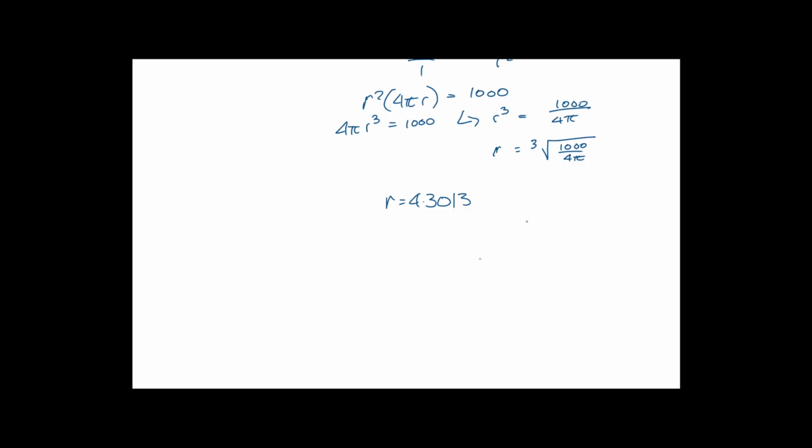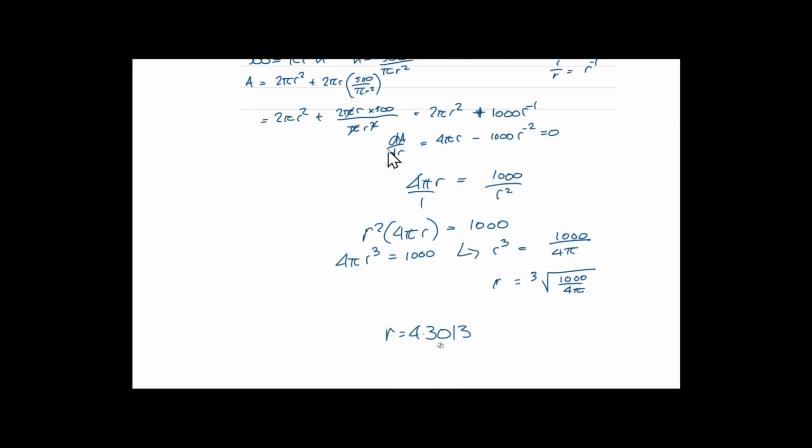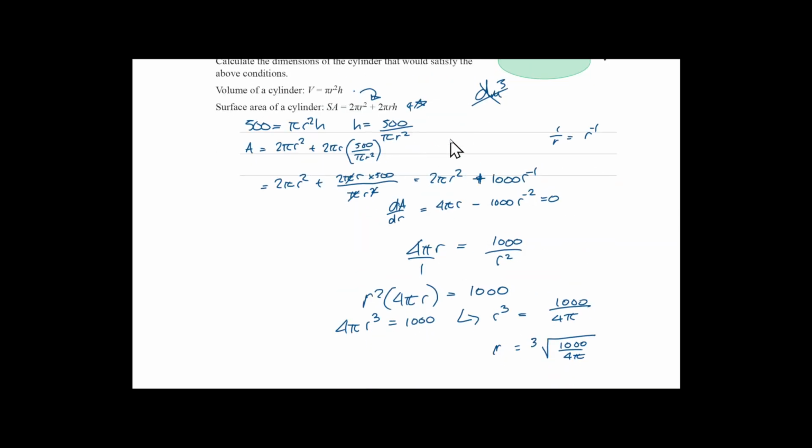Okay, so now we have r. Now we can go back to our original equation, this one here, and we can find what h is. So 500 equals pi r squared h.